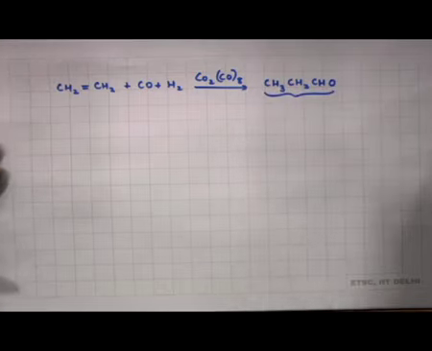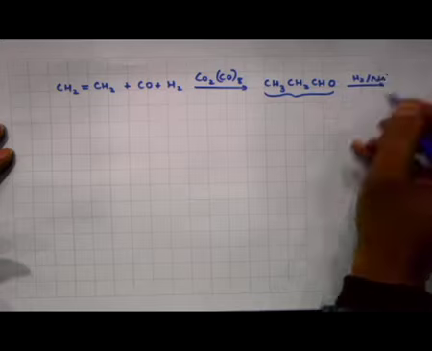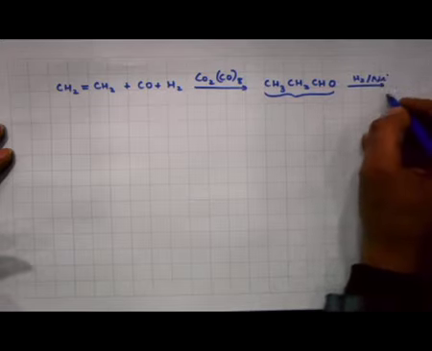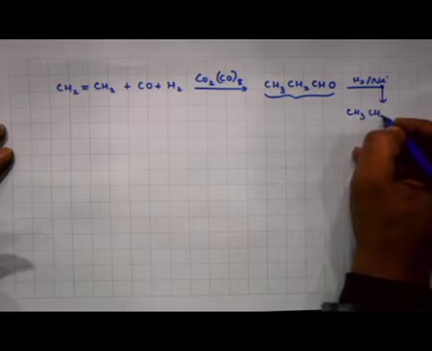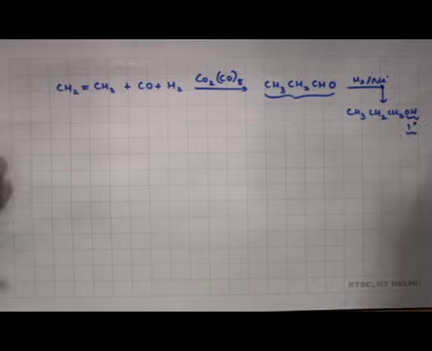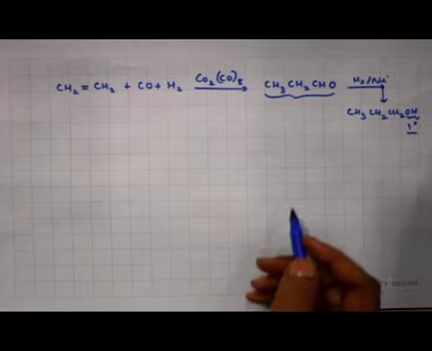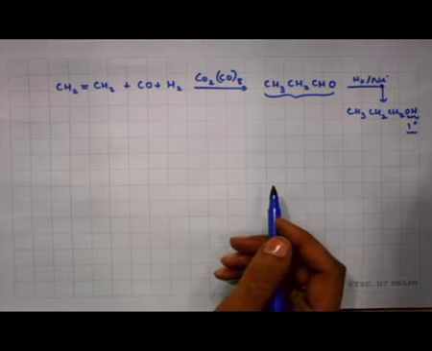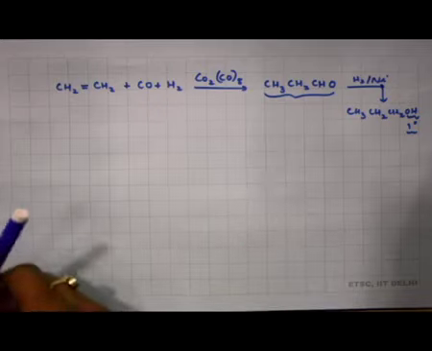So, there is a stepping up of the series, and this is followed by reduction to give you the 3 carbon alcohol, that is 1-propanol. So, we get a 1 degree alcohol through this, because an aldehyde reduction would yield a primary alcohol. This is a very important industrial process for making these alcohols.